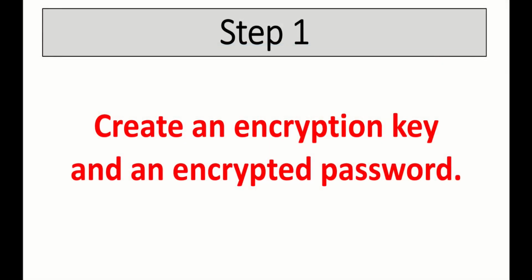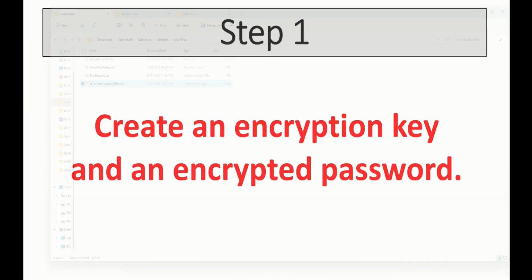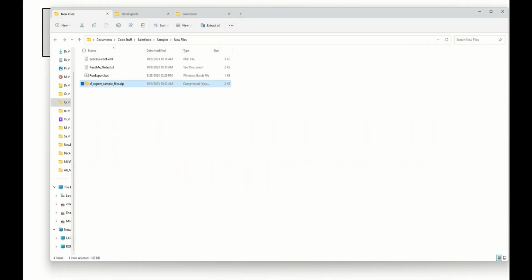So let's get started. The first step in extracting data from Salesforce using the data loader command line is to create an encryption key, and with that create an encrypted password. I mentioned earlier in this video that there are files that can be downloaded from flyingpuma.com.